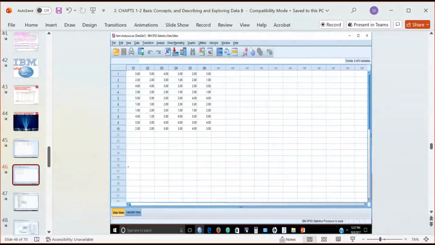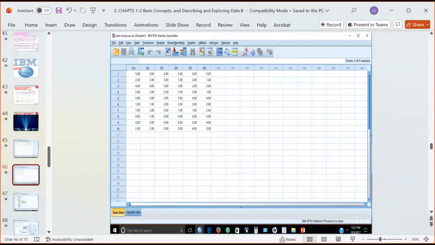So you enter your data, your scores. You can see there are 10 people, and this person, number 1, scored 5, 5 on questions 1 and 2, then 4, then 3. That first column, the blue one, is your people, 10 of them.